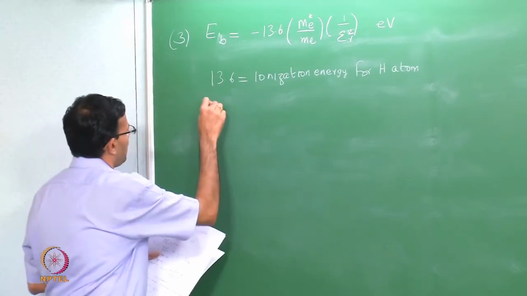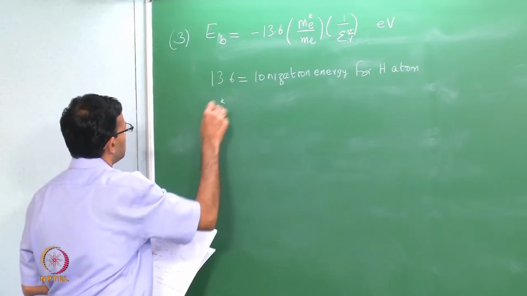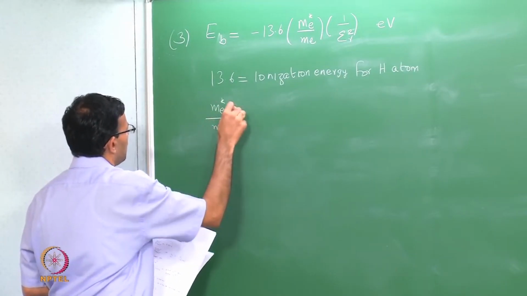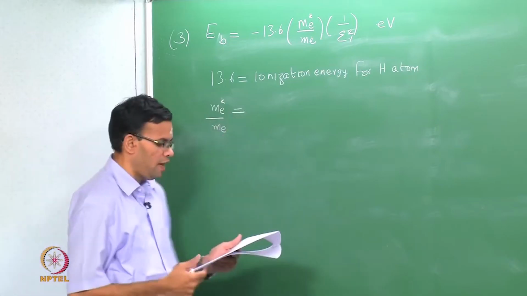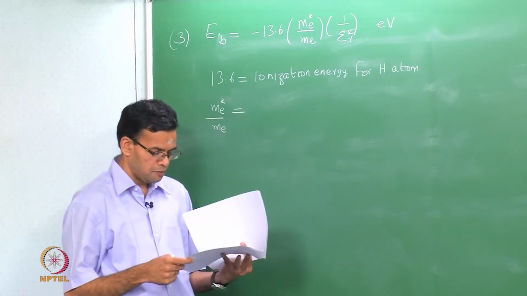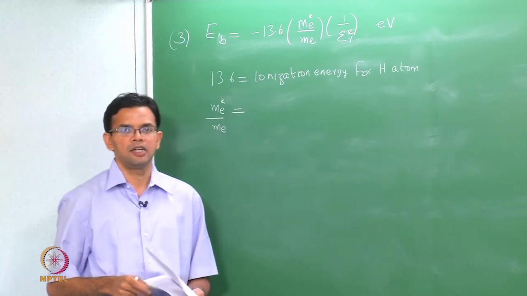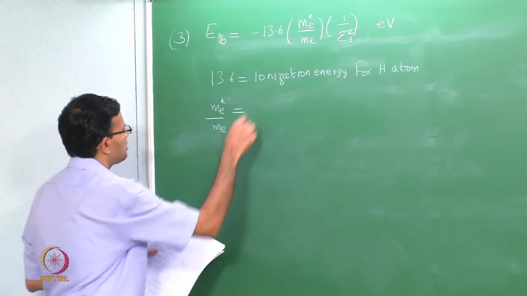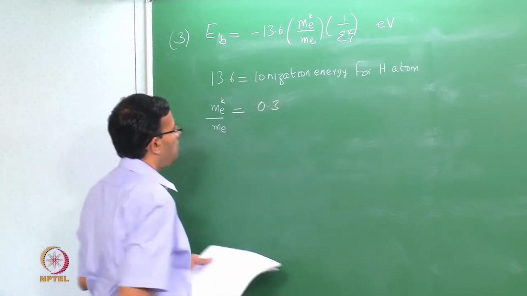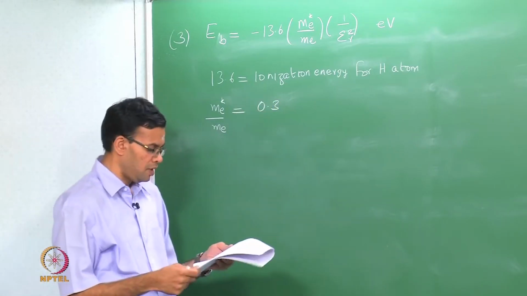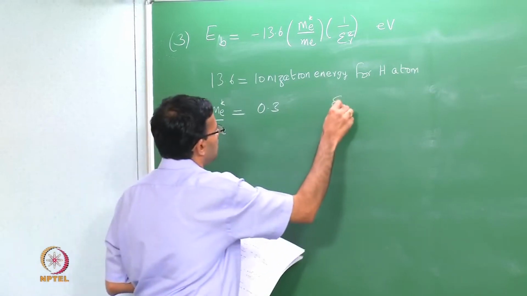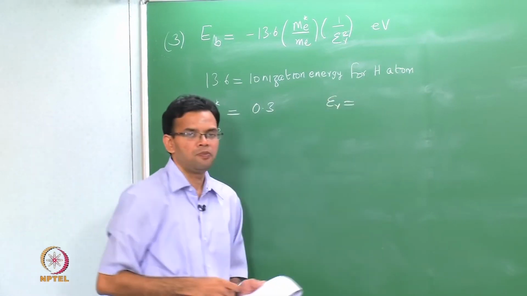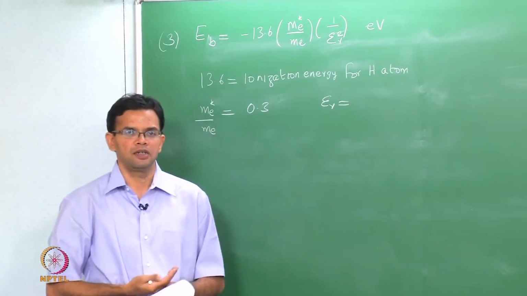Me star over Me is nothing but the electron effective mass. In this particular problem it says the electron effective mass is 30% of the free electron mass. So, Me star over Me is 0.3. Epsilon r is the relative permittivity of the semiconductor.